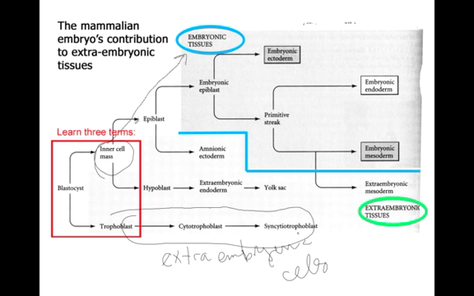Even so, the inner cell mass contributes a lot of extraembryonic tissues here. So the inner cell mass is going to give rise to the embryo and extraembryonic tissues, and the trophoblast, extraembryonic tissues. Then here's the embryo forming the primitive streak, and so on. That's why we learned those 3 terms: because of the organization, and it's the inner cell mass that's going to give rise to the embryo.